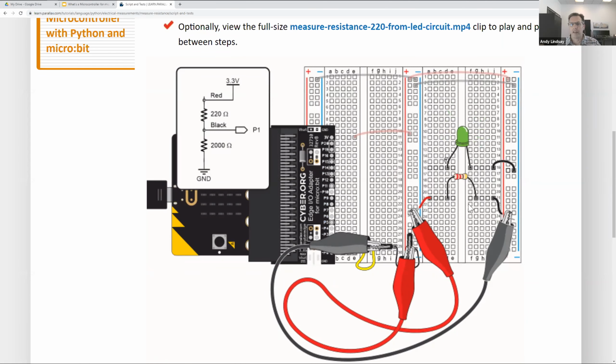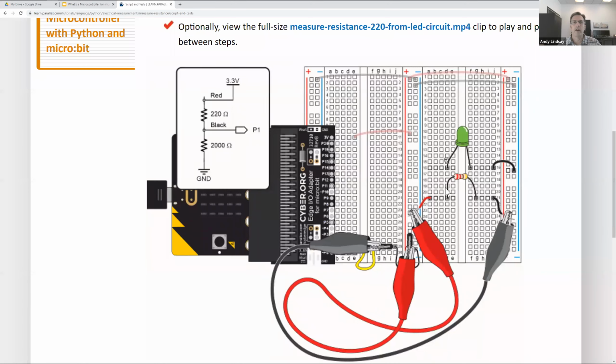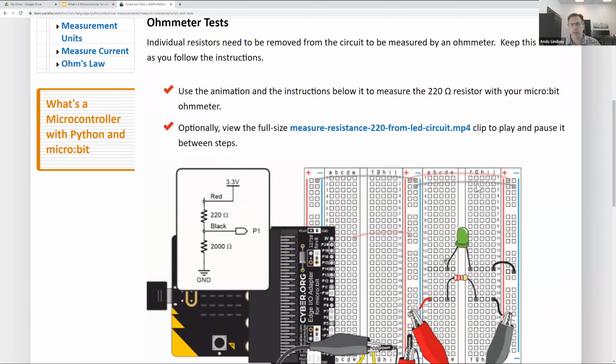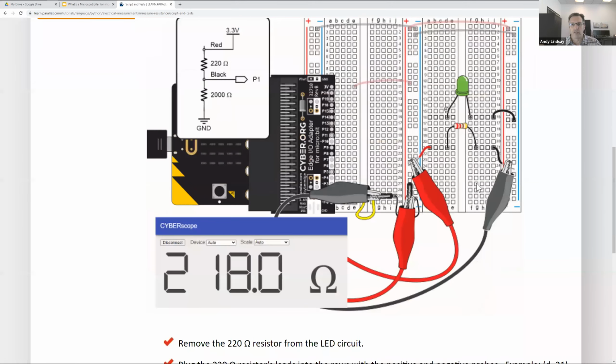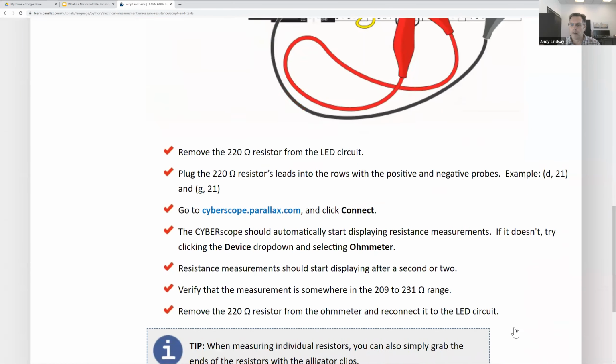It's because they didn't take it out of the circuit and do exactly what's shown here. So this is a very important lesson for anybody going the engineering or technician route, to be able to take a resistor out of a circuit, measure its resistance, and put it back in.